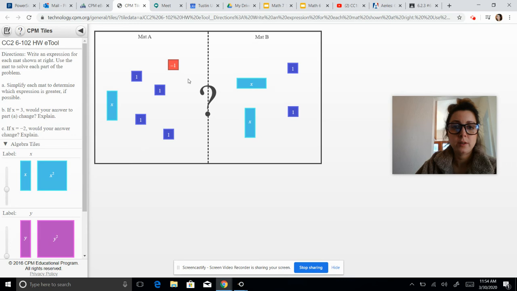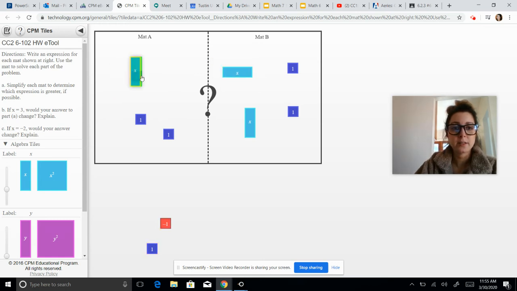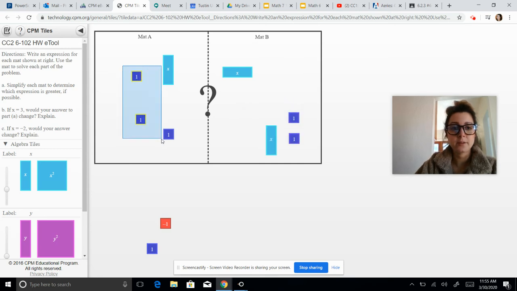Okay, so simplify. First thing that I want to look at is zero pairs. I have a zero pair right here. Hopefully you noticed that as well. And then we have our balanced set, which is basically like adding the opposite. And if you're still confused about that, let me kind of illustrate that really quick with the tiles. I'm just moving these out of the way.